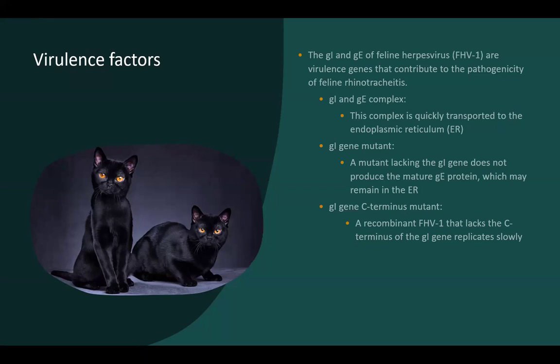The gI gene mutant, a mutant lacking the gI gene, does not produce the mature gE protein, which may remain in the endoplasmic reticulum. The gI gene C terminus mutant is a recombinant of FHV-1 that lacks the C terminus of the gI gene and replicates slowly.